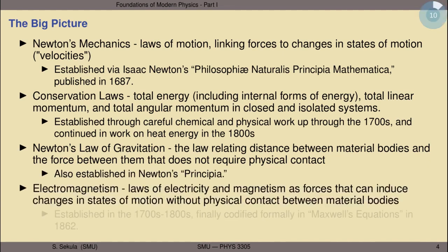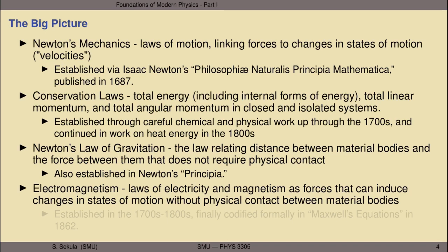And finally, the last set of laws of physics that we have to accept as a foundation for what's going to happen in this course are the laws of electromagnetism. These are the rules of electricity and magnetism, describing them as forces in the same way that gravity is a force, that can induce changes in states of motion, again without physical contact between material bodies.